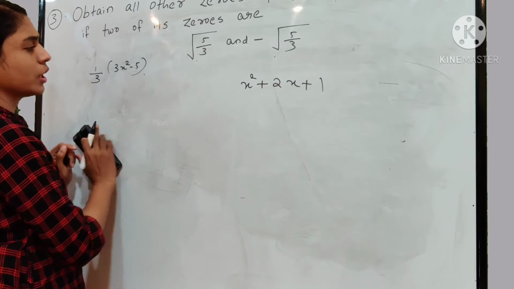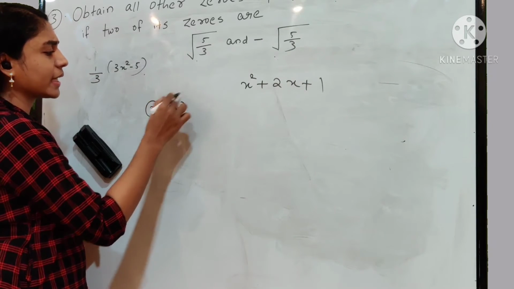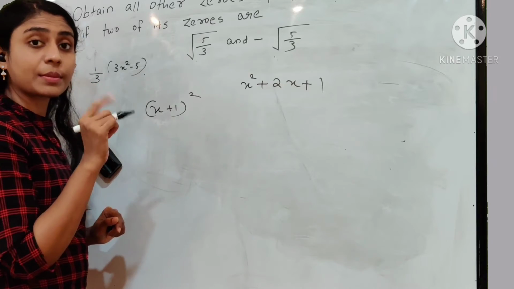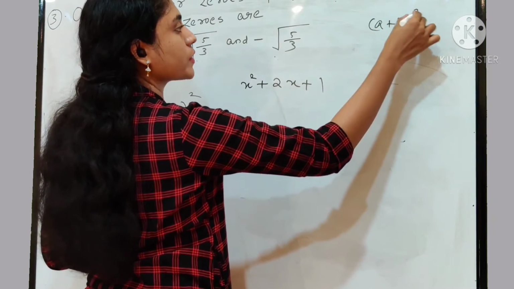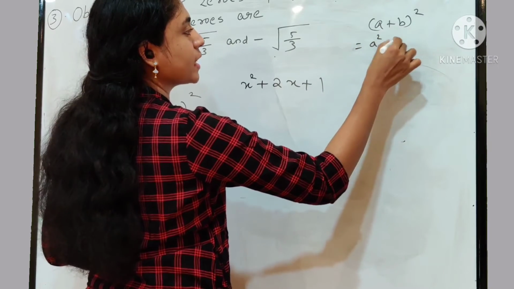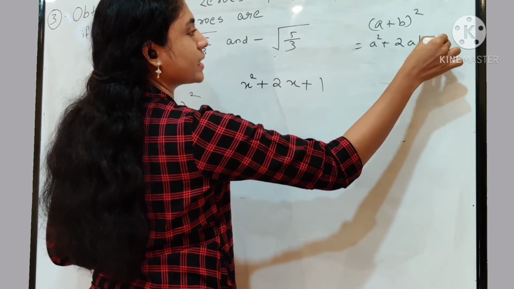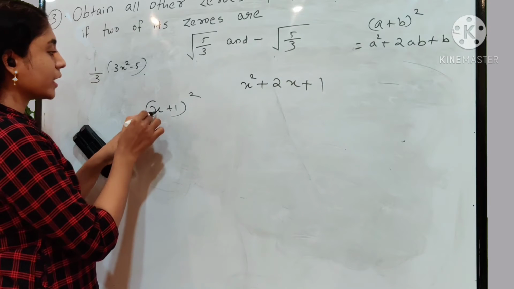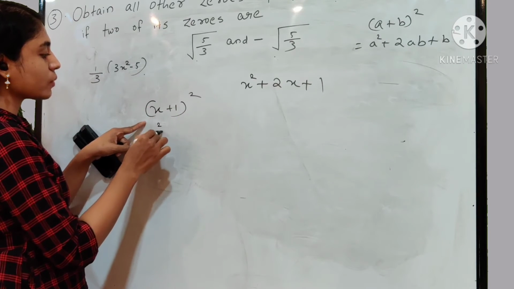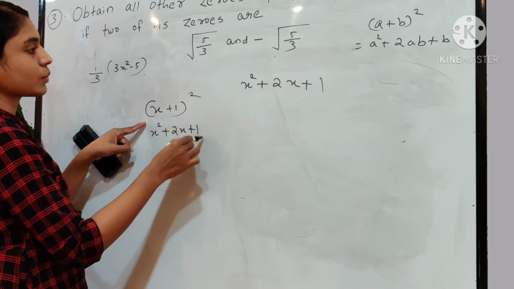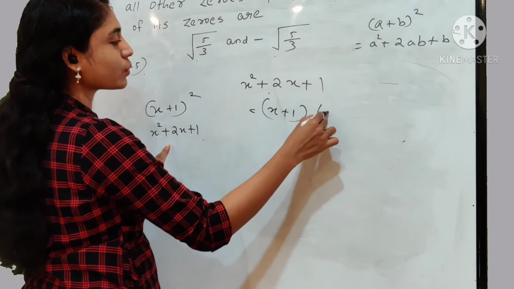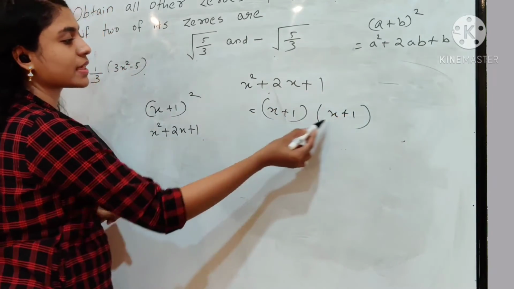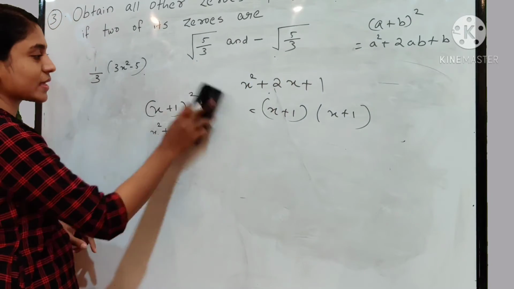Or using the identity a plus b the whole square, which is a square plus 2ab plus b square, x plus 1 the whole square is x square plus 2x plus 1, the same one. So we can directly write it as x plus 1 into x plus 1.